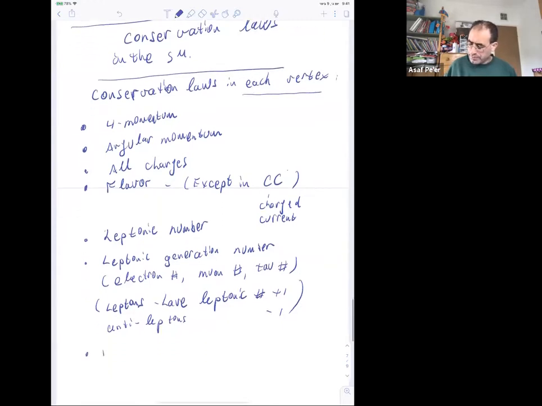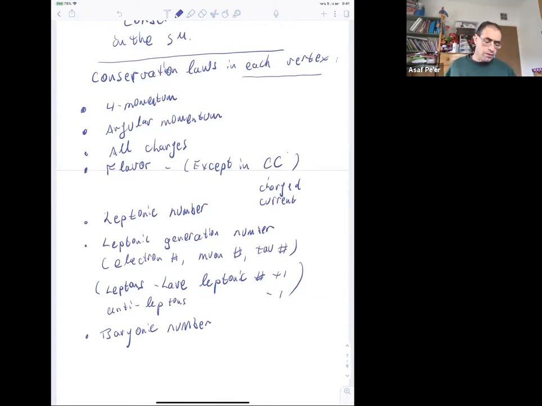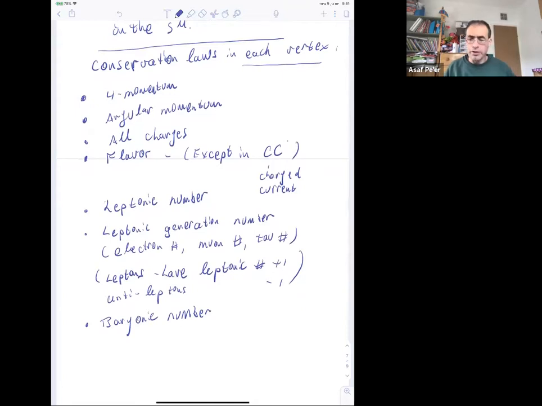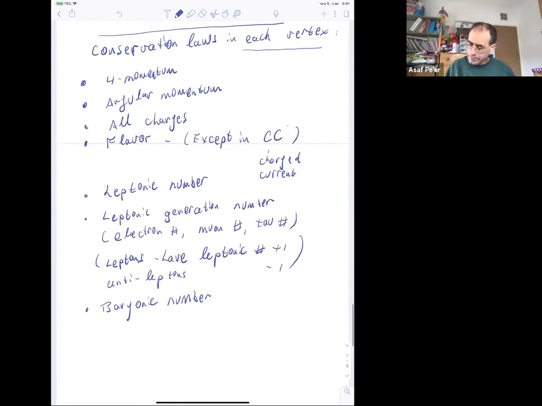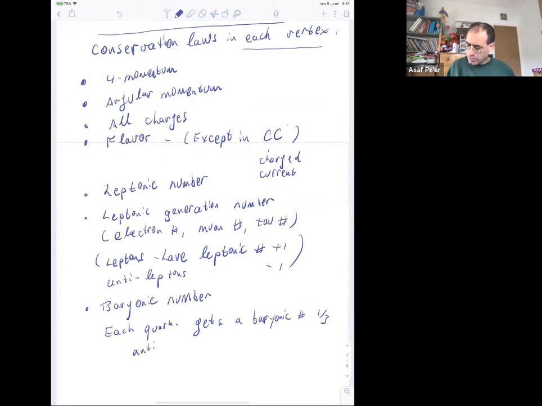You also have baryonic numbers. Because baryons are made of quarks, we assign a baryonic number of 1/3 to each quark, and an anti-quark, of course, -1/3.